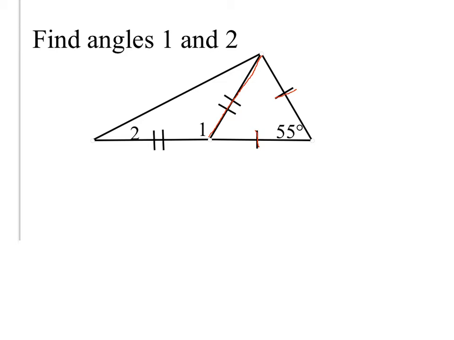But we can find angles 1 and 2 by first finding all of the angles in the triangle on the right. So since we have the two congruent sides in that triangle, we know that the opposite angles are also congruent. And so if we call those angles x, then we can say that 2x plus 55 equals 180.